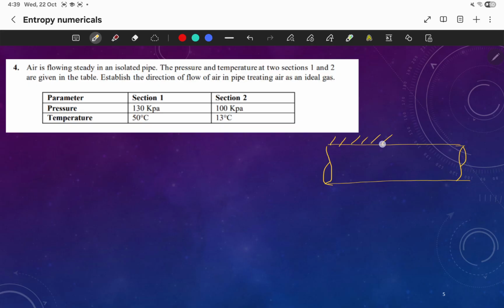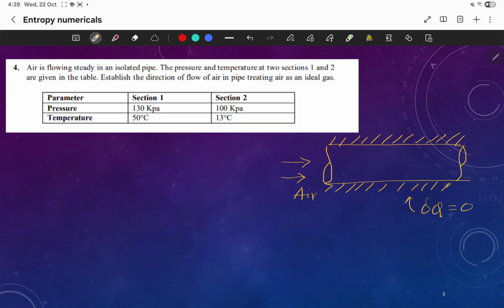So this is isolated. What do you understand by isolated? Means del Q is 0 and air is flowing from this side.